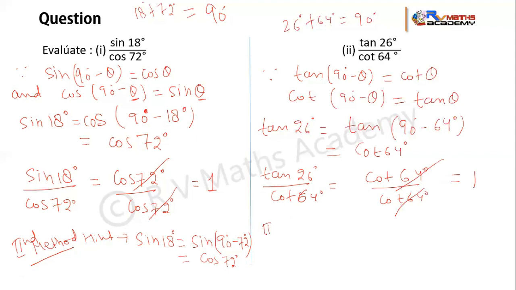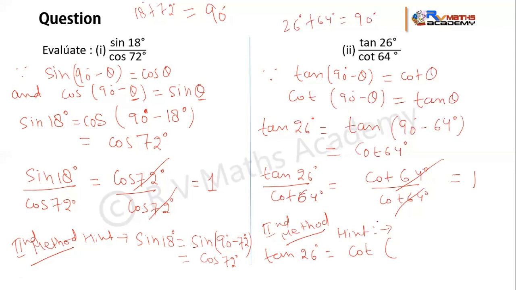Or second method, again I'm giving a hint. If you don't want to change the trigonometric ratio, and you want to change the trigonometric ratio instead of the value, what we have to do, you will write tan 26 degree is equal to cot, because tan theta is equal to cot 90 minus theta.